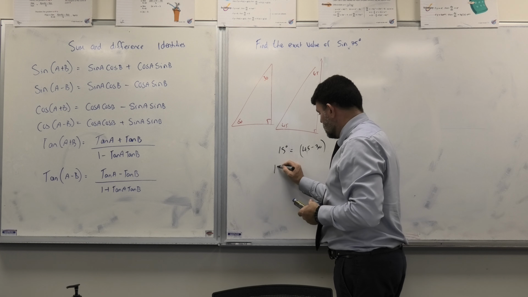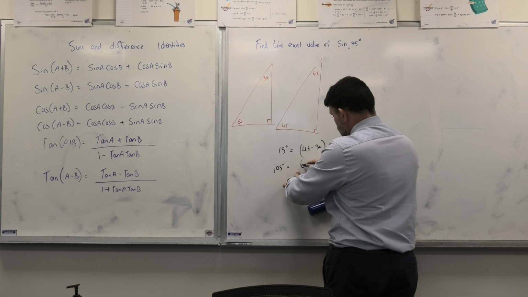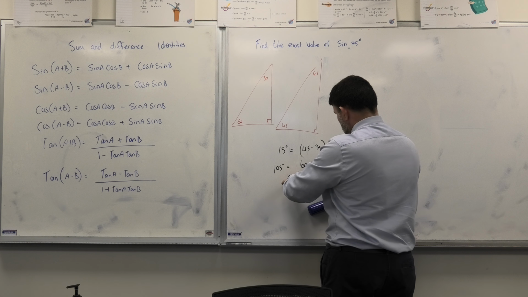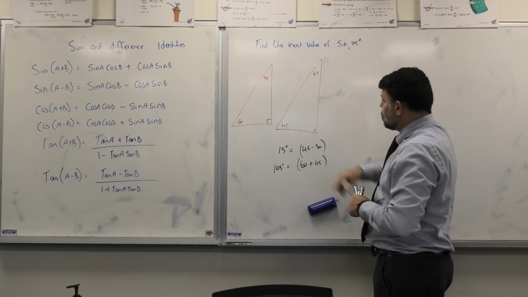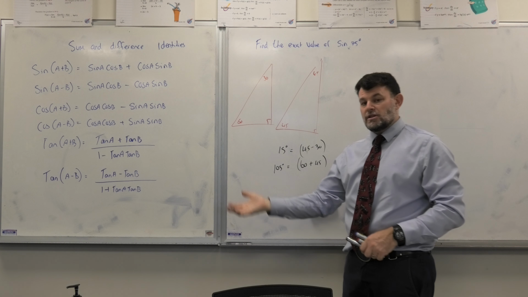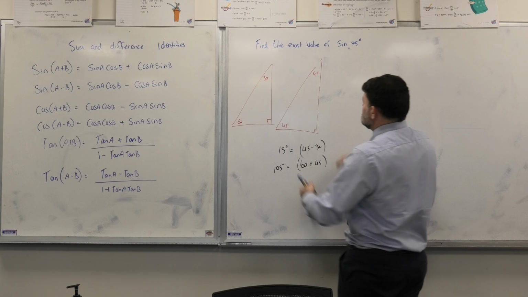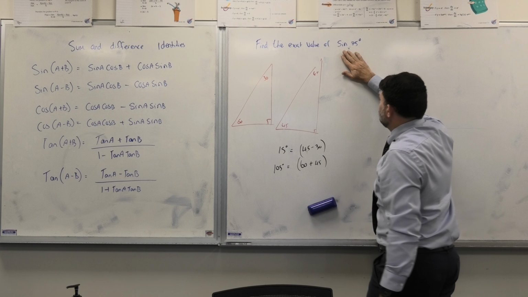Where if I had 105, this could be broken down to 60 plus 45. They're common values that we see all the time: 30, 60, 45.